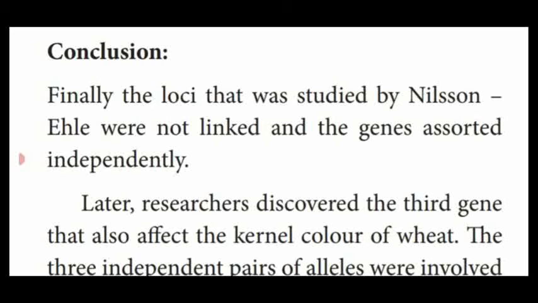That means the genes present in different loci are not linked together but are expressed independently. So that is the law of independent assortment. Mendel's third law is proved in this polygenic gene interaction.